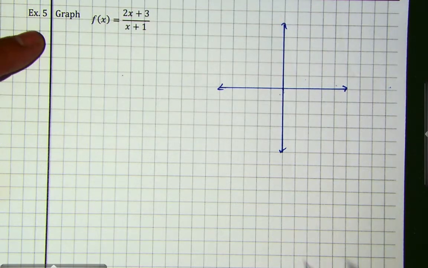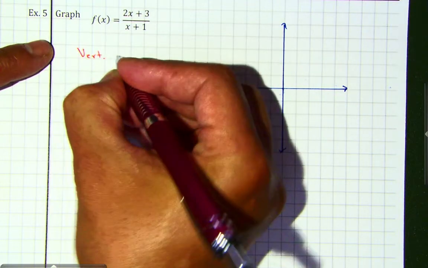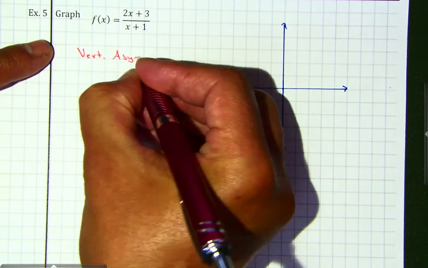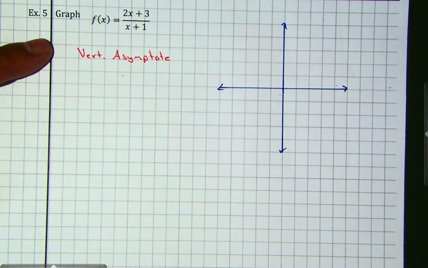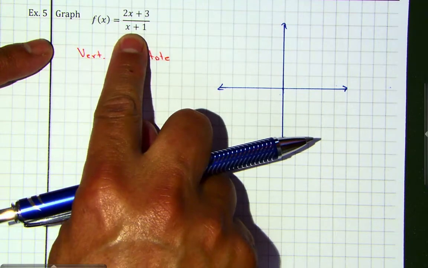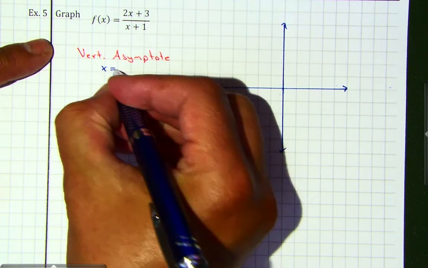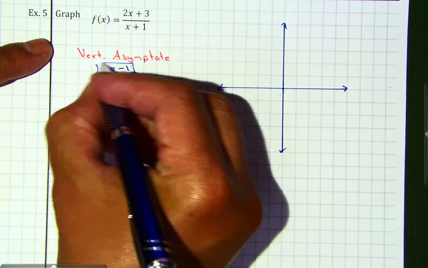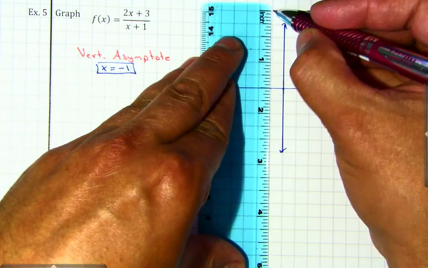So therefore, I'm going to find my vertical asymptote first. And I notice that my vertical asymptote is when the denominator becomes 0, which will be -1. So x equal to -1. That will make my denominator 0, which makes it undefined, which creates an asymptote.